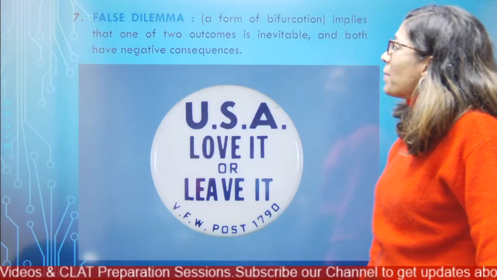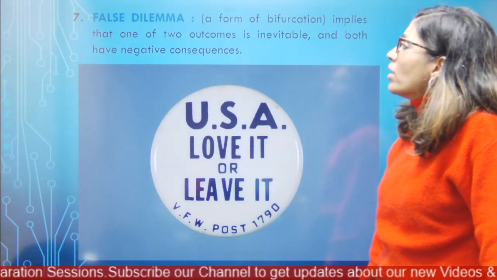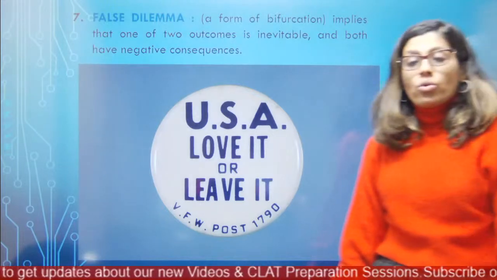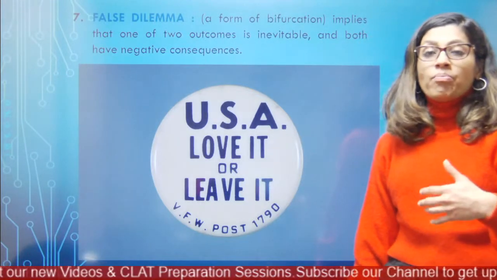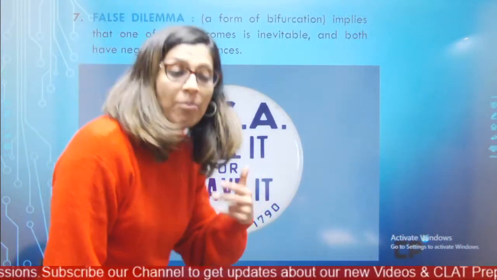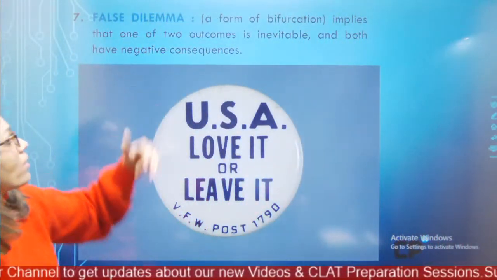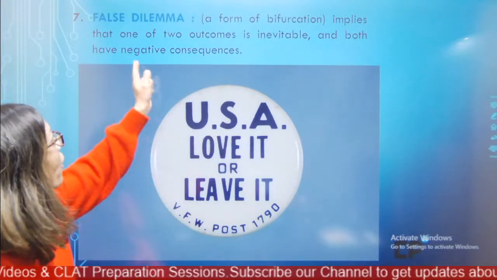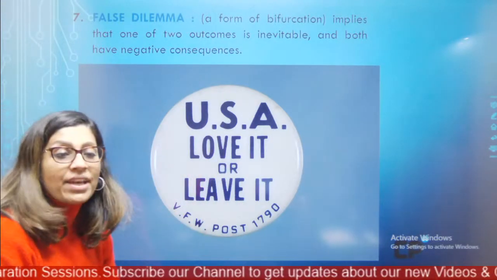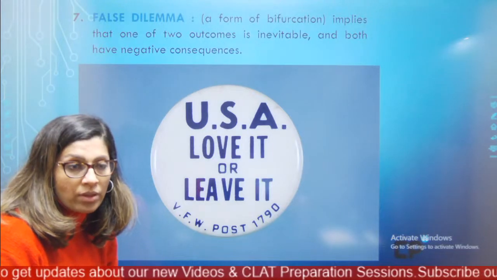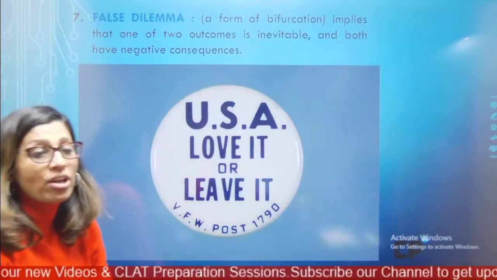So false dilemma basically means that you make two options for an outcome, and you just say that there are only two options existing and both the options have a negative consequence. You make it impossible for the person to choose. So this comes under bifurcation.